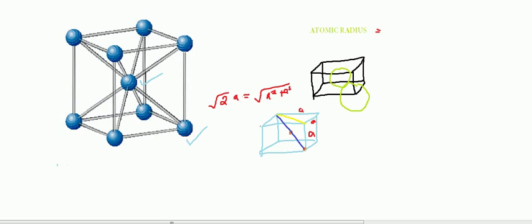Now what is the value of the violet line? It's very easy. By using Pythagoras theorem, you square the distance of the yellow line and the blue line. The yellow line was root 2a, so you need to square the value of this. I'm just using simple Pythagoras theorem, and this gives me the violet line.